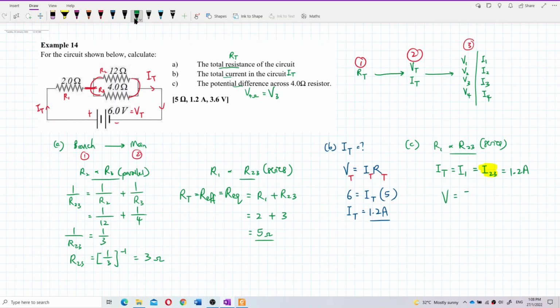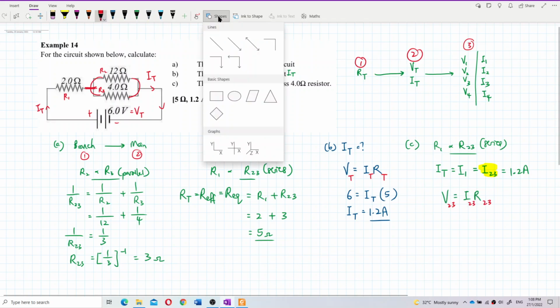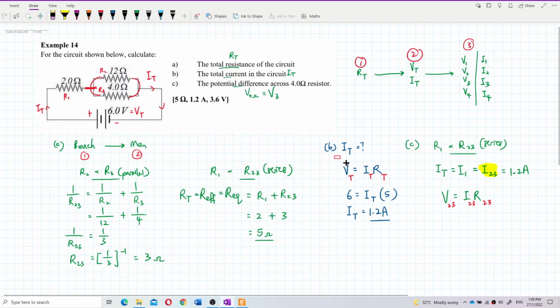Use the formula V equal to IR. So this is the current 23 and resistance 23. We can find the voltage across 2 and 3. V equal to IR all the way. I just use this formula, V equal to IR.